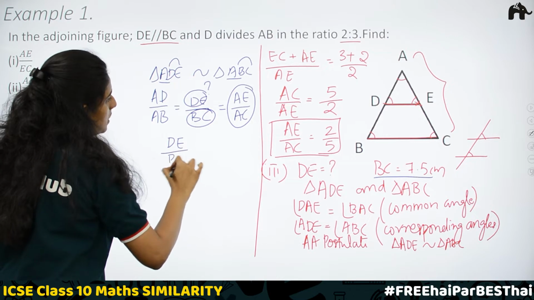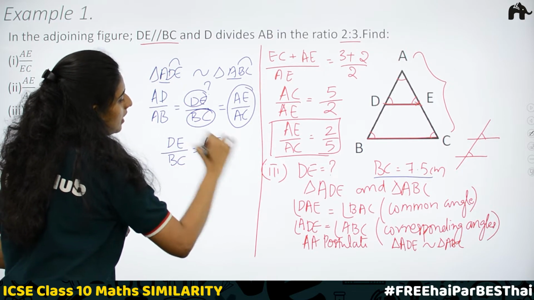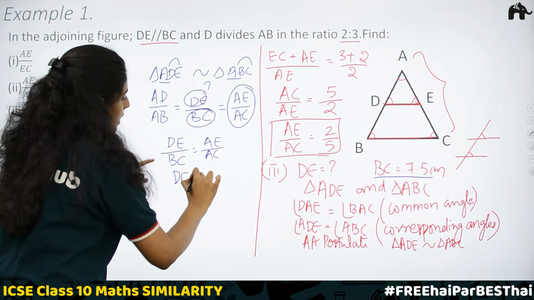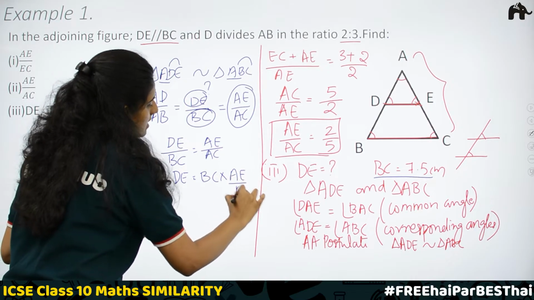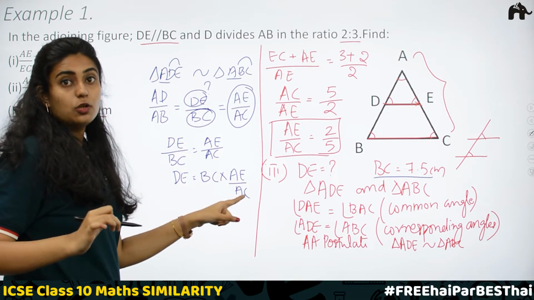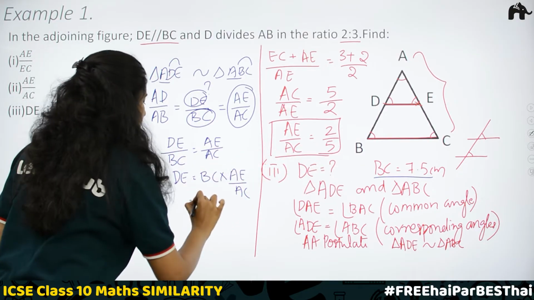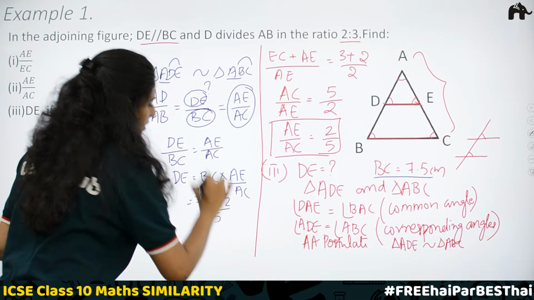DE by BC is equal to AE by AC. That is, DE will be equal to BC into AE by AC. What is AE by AC? 2 by 5. And BC is equal to 7.5. 7.5 into 2 divided by 5.